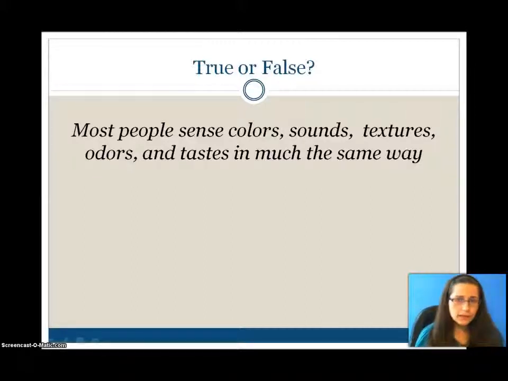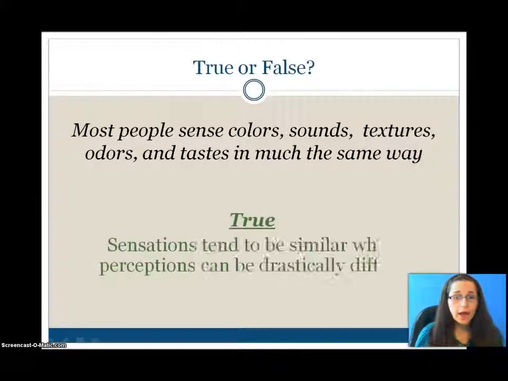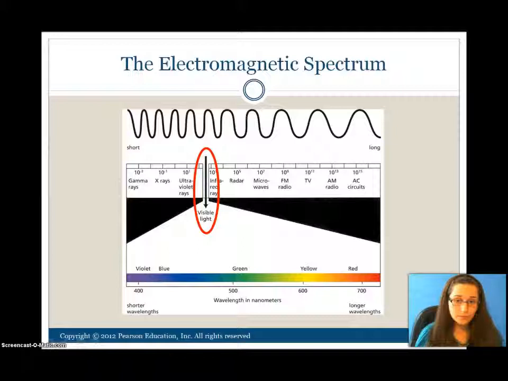Well, there are different light waves, there are different sound waves, and the answer here is true for the sensations, because ultimately what we're taking in are those outside pieces of information, and we are turning them into neural images. Everybody's neural images will be the same, but then our perceptions, and what we actually determine is happening, is what's going to be different.